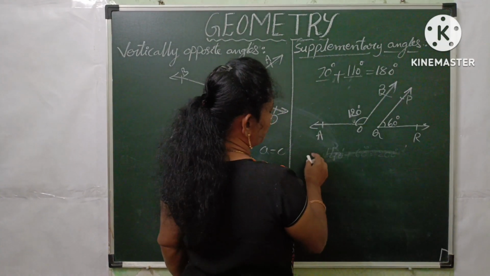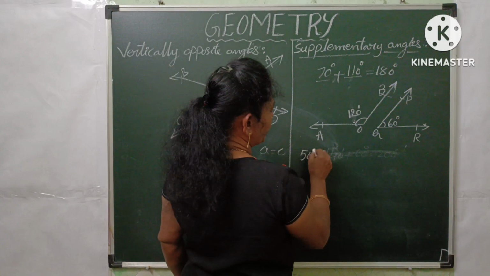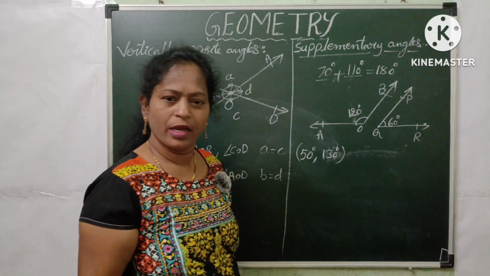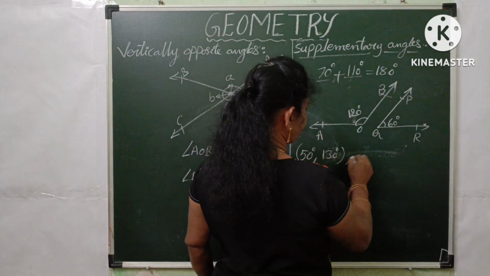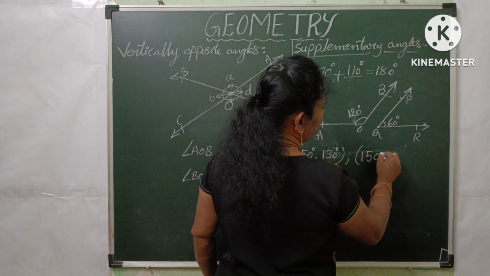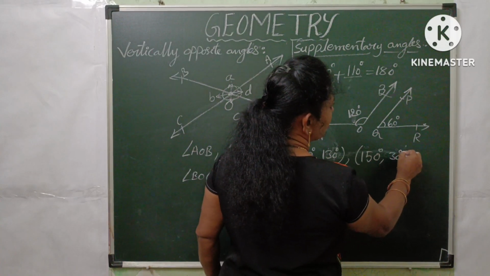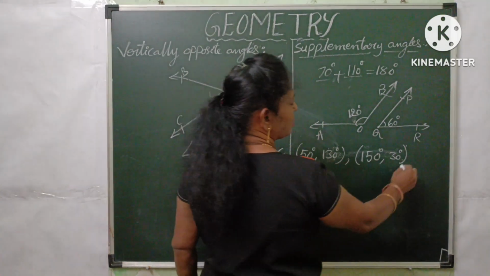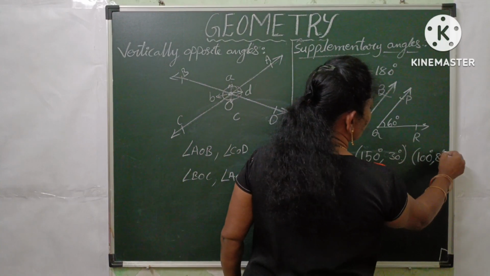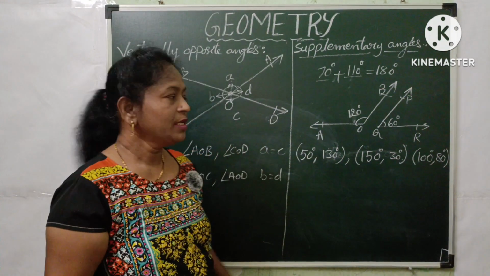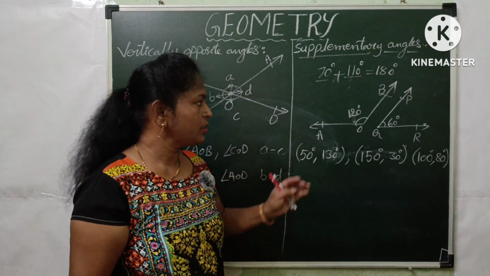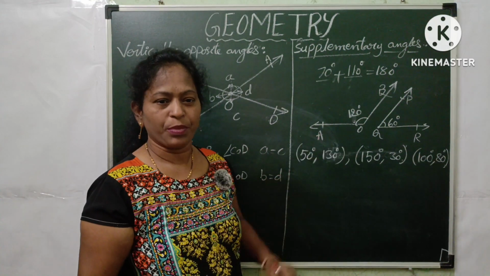Let us see some more pairs. 50 degrees and 130 degrees is also a pair of supplementary angles. Next, 150 and 30 degrees, and 100 degrees and 80 degrees are also pairs of supplementary angles. Supplementary angles means the sum of the two angles should be equal to 180 degrees.